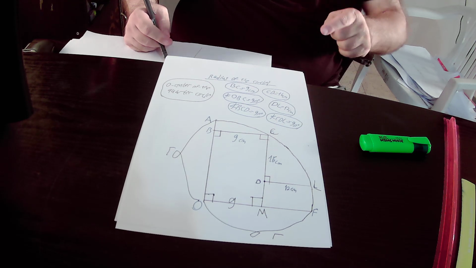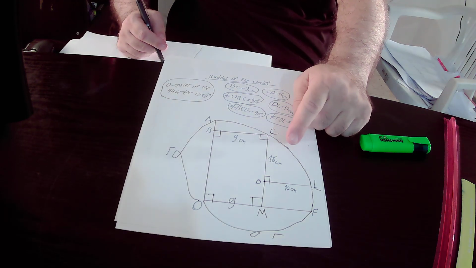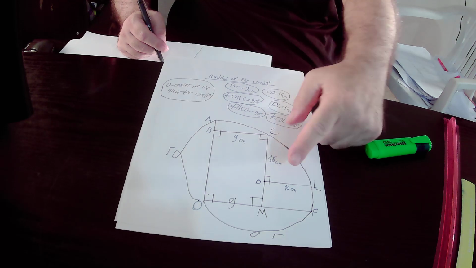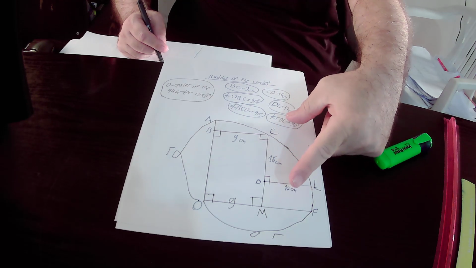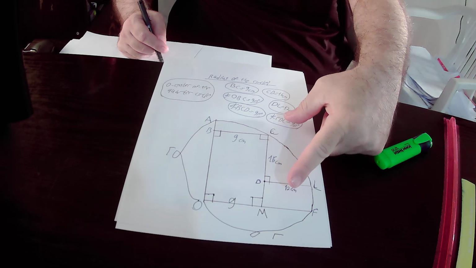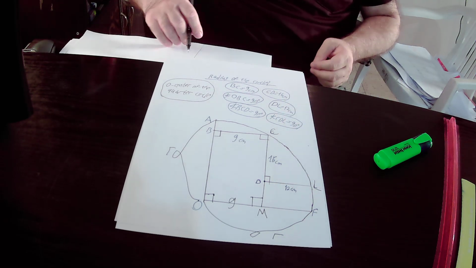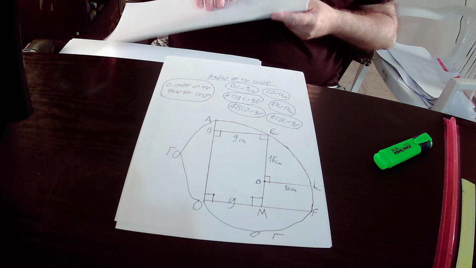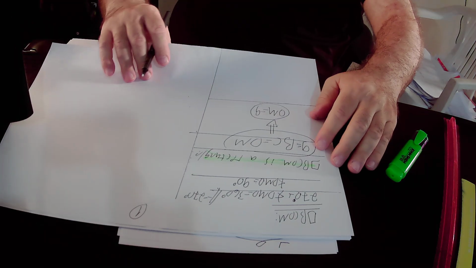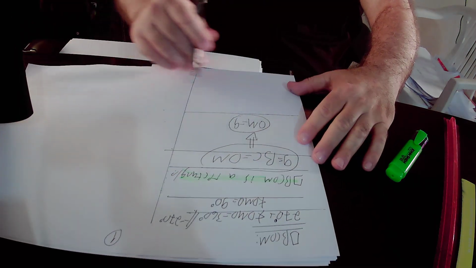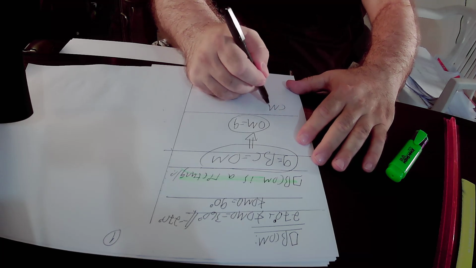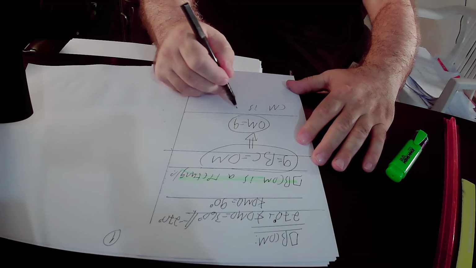So when we extended the straight line CD, we got line segment CM. Therefore, line segment CM must be a straight line. So I write it down. CM is a straight line.